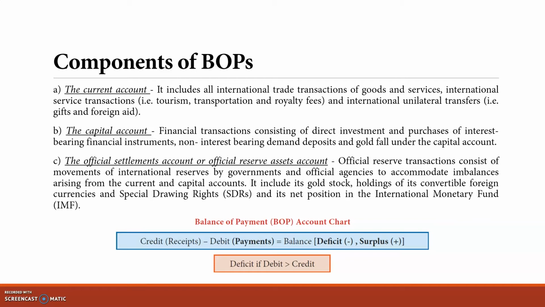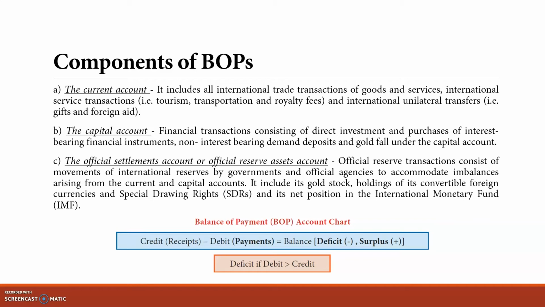We'll see the balance of payments account chart. On the credit side, it is receipts, minus the debit side, which is payments, equal to the balance of trade. Deficit is minus and surplus is plus. So if a deficit exists, it means debit is greater than credit.